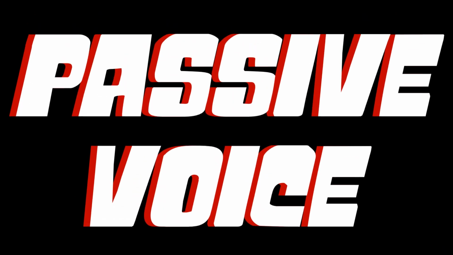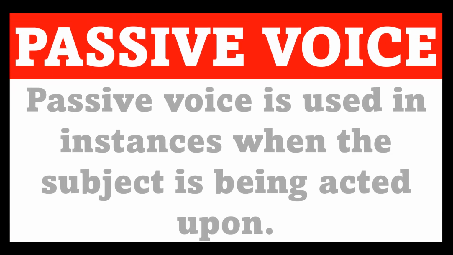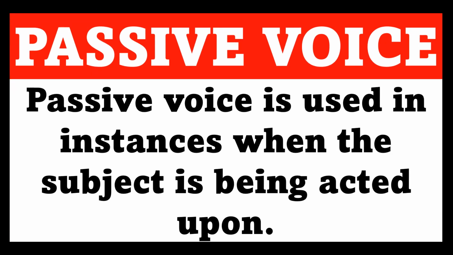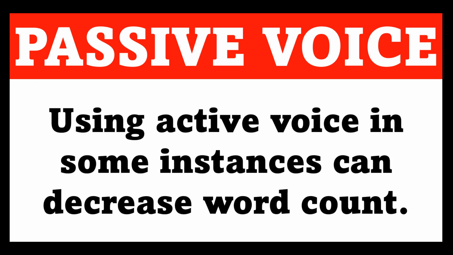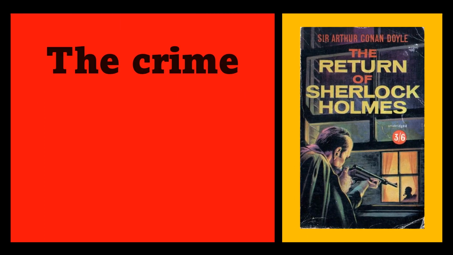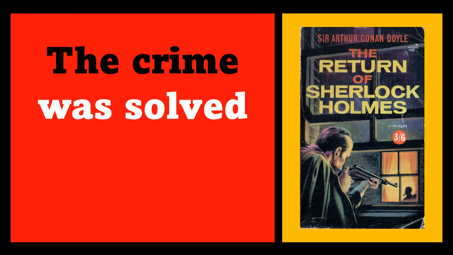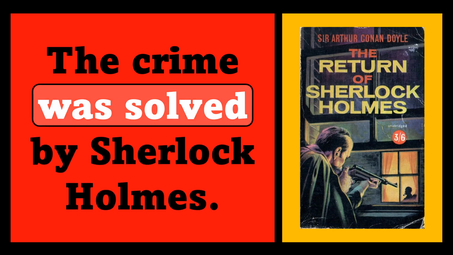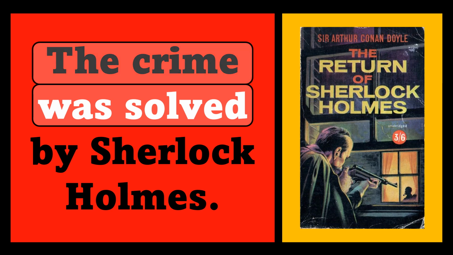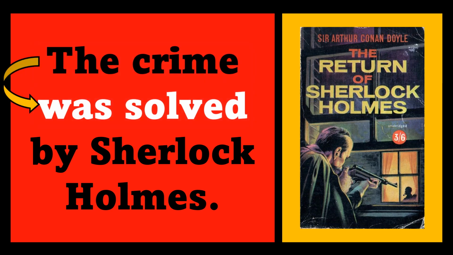On to passive voice. Passive voice is used in instances when the subject is being acted upon. Using active voice in some instances can decrease your word count. Example, the crime was solved by Sherlock Holmes. In this case, we have was solved, and this is the passive form because the crime, which is linked to the verb, is not actually carrying out the action.